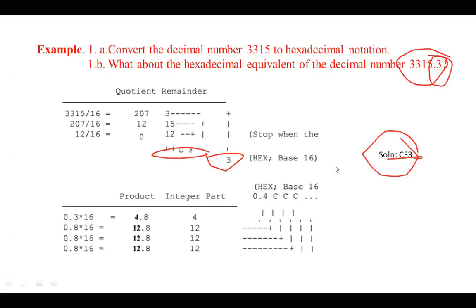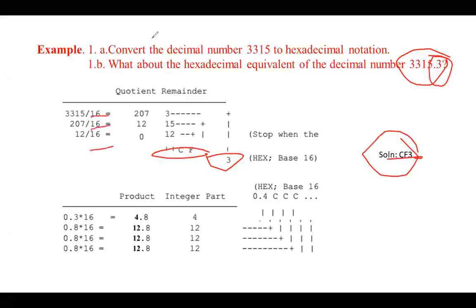Any conversion from decimal to any base, whether it is binary, octal, or hexa, the same method is followed. But if it is binary, instead of 16 over here, you're going to write 2. If it is octal, this will be an 8. Since it is hexadecimal, this is 16.